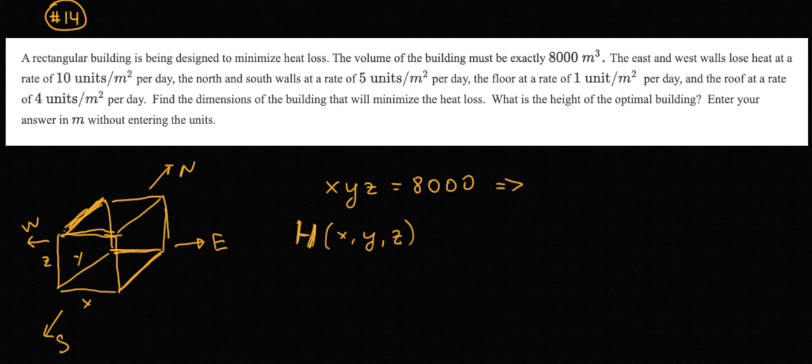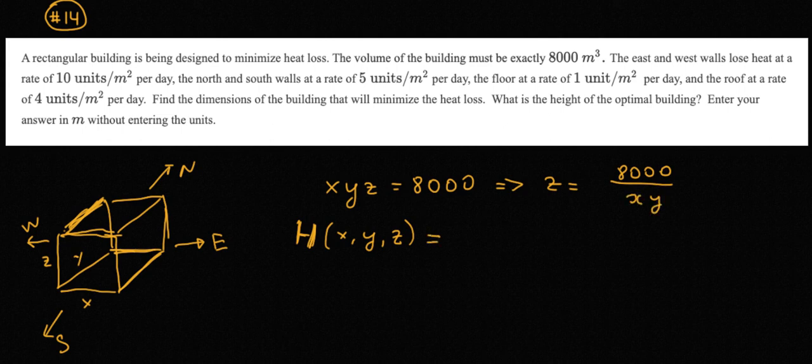But because we said earlier that the variables x, y, z must satisfy this relation, x times y times z equals 8,000, we can actually solve this for z and express the z variable in terms of x and y. z will be 8,000 divided by x times y.